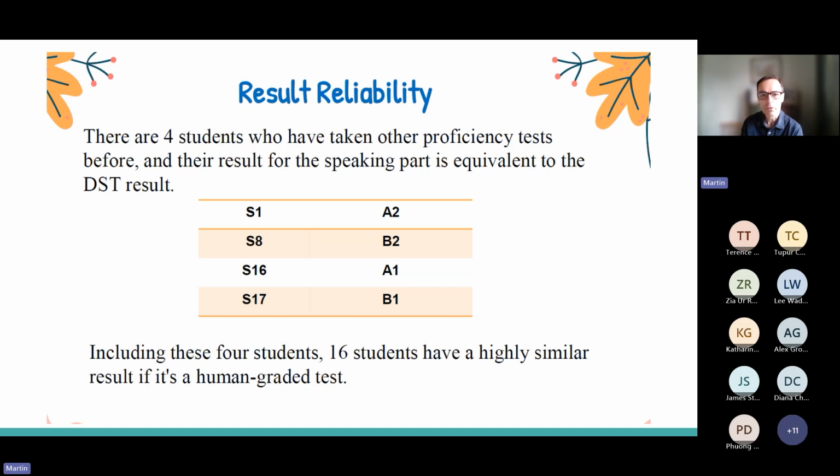But the process of going through this, not only looking at the statistical analysis, but looking at the individual responses, marking them for themselves, comparing their marks with the machine marks, people felt, you know what, this dynamic speaking test really is working in a way we would feel confident about.